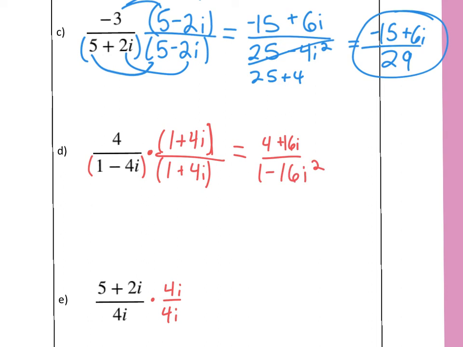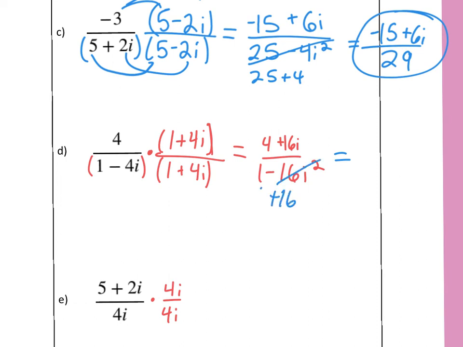Raise your hand if you got that far. Good deal. Okay, so that is definitely going to be key for learning this unit. You've got to be able to at least make it that far to do well on your test. On the bottom, this is going to simplify. 1 minus 16i squared is just going to be 1 plus 16.